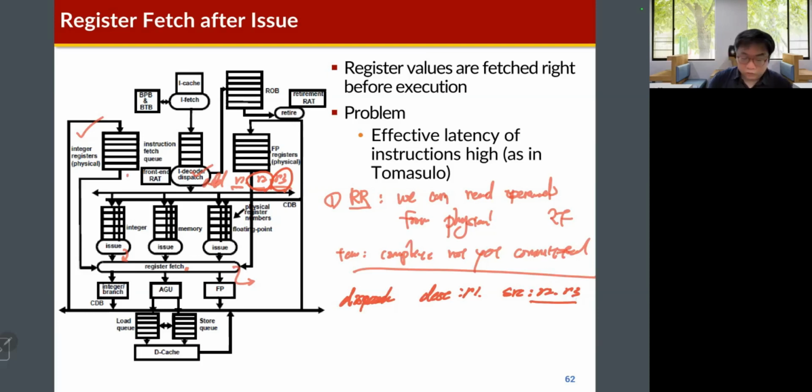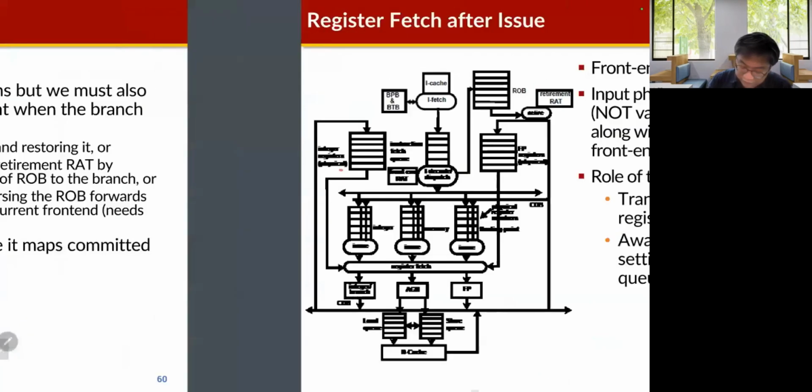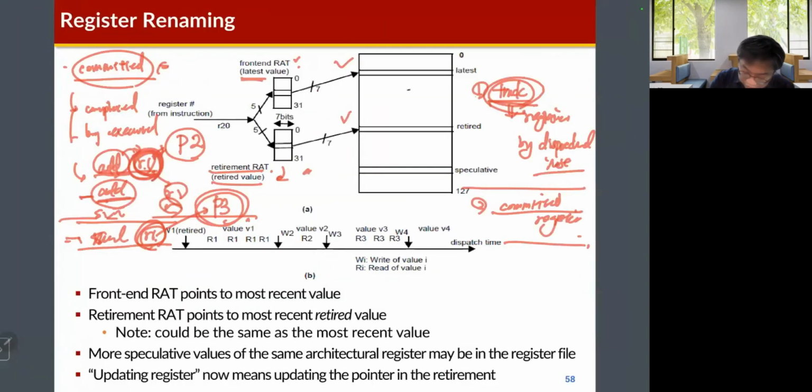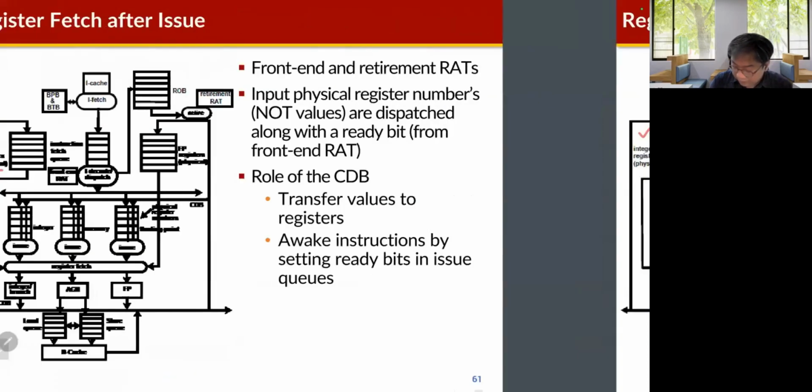In this case, we check the front-end RAT. R2 is here, and checking the front-end RAT, we can find the physical register mapped to R2.